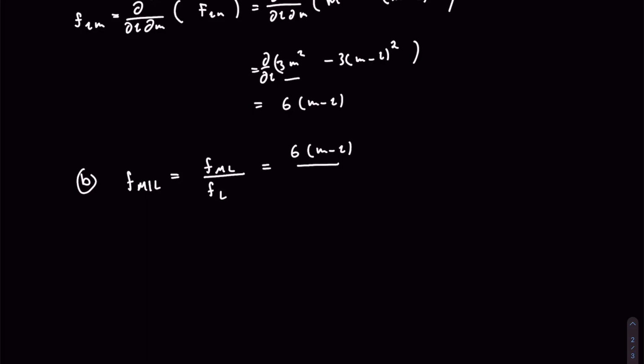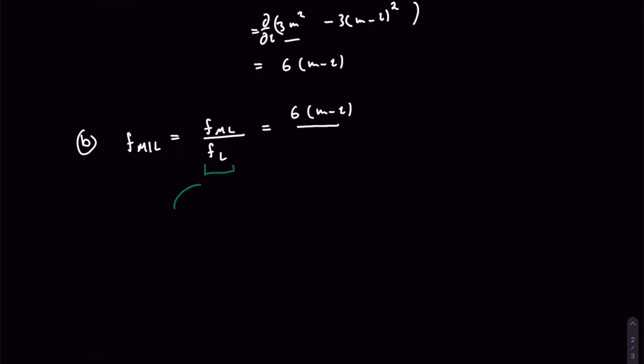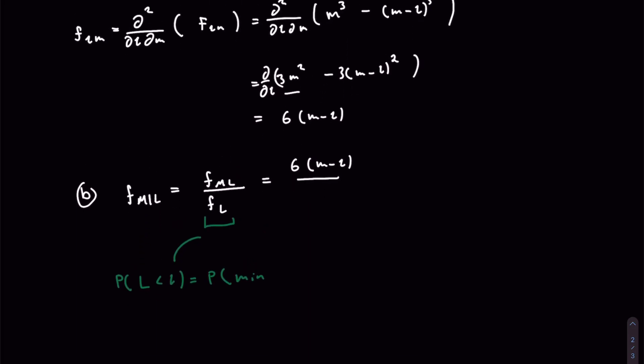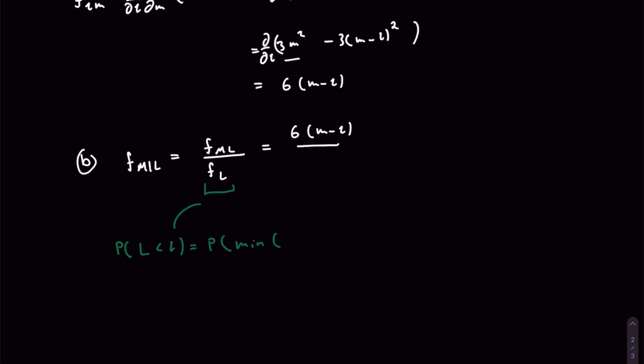So this part here is the same thing as the probability of L being less than L, and that's the probability of the minimum. And basically that's what we calculated partially in the joint CDF.